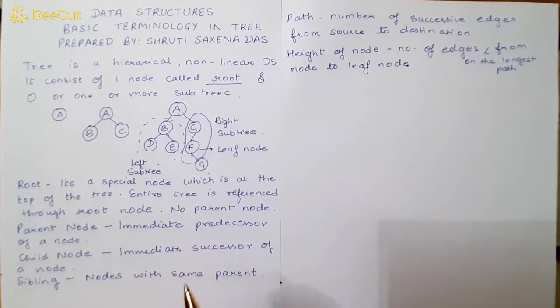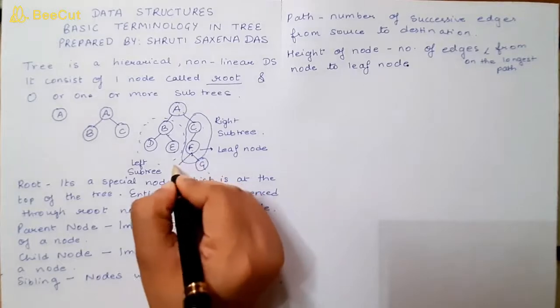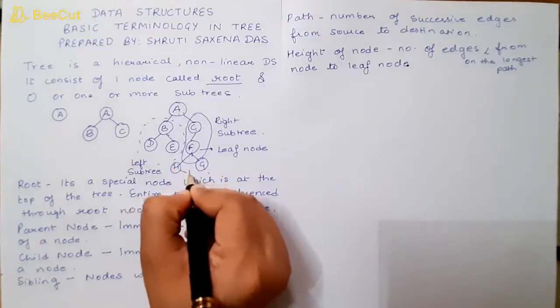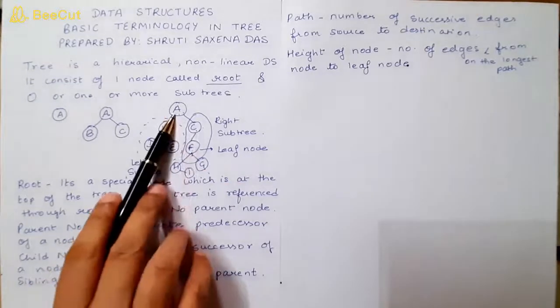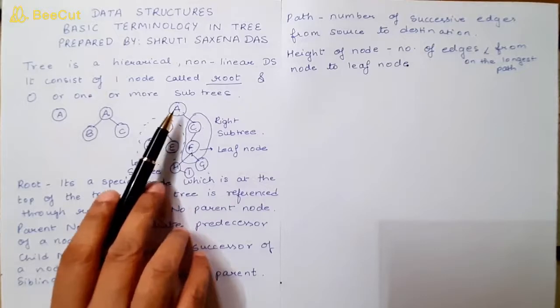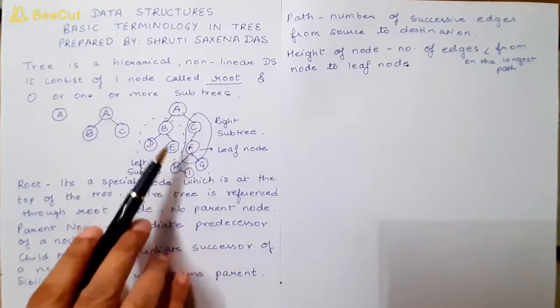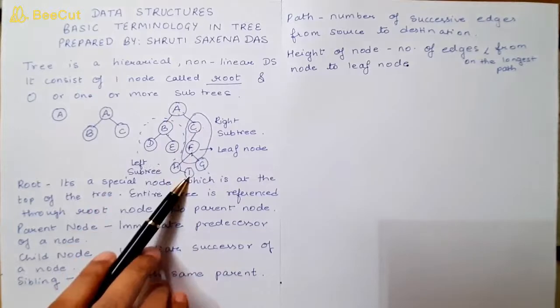Suppose here you have a node H and then I, like this. If these nodes exist, then what will be the height of A? Check it: 1, 2, 3, 4. Height of A will become 4 now.